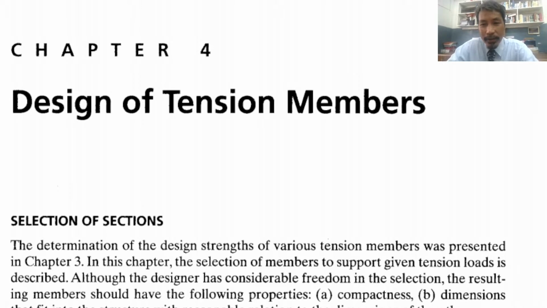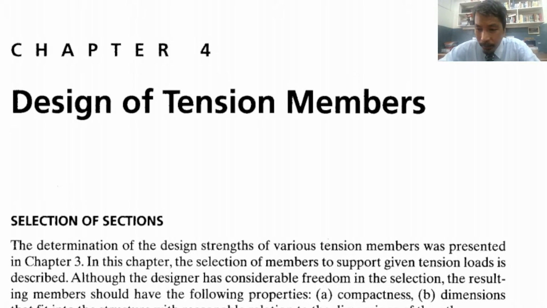So you'll notice that the procedure would be reversed. Actually, the same procedure, but reversed. For example, we have a 4-step process in analysis of tension member. The same 4-step process, but we will start from the bottom going up because we will be solving for the dimension.